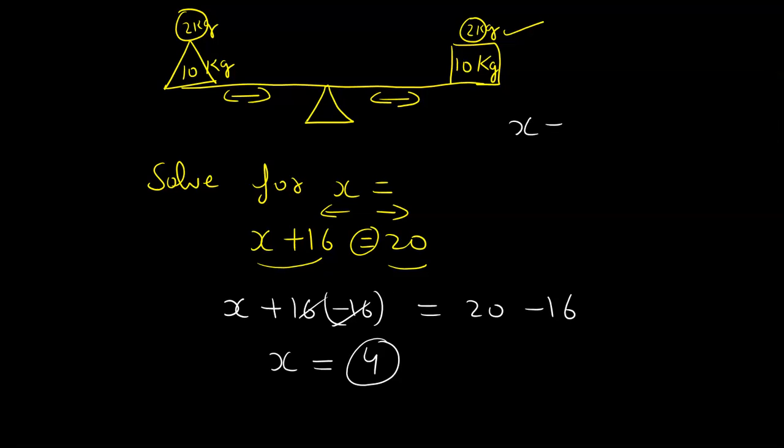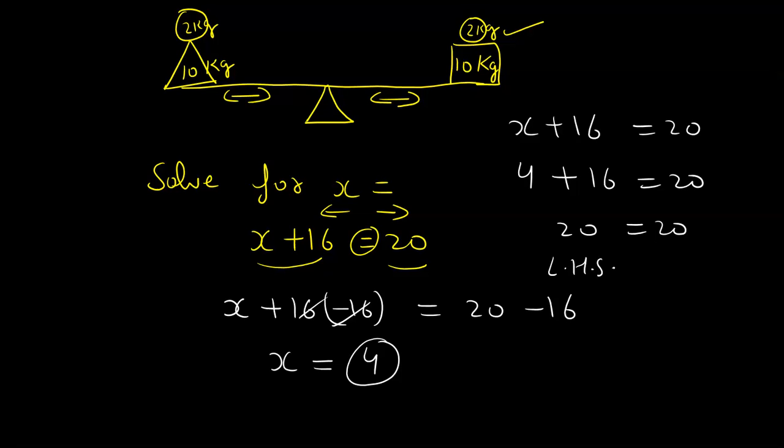So x plus 16, that is our original equation, right? Now we can put the value of x, which is 4 plus 16 is equal to 20. 4 plus 16 is 20, and this is also 20. So now the left hand side and the right hand side are equal to each other.